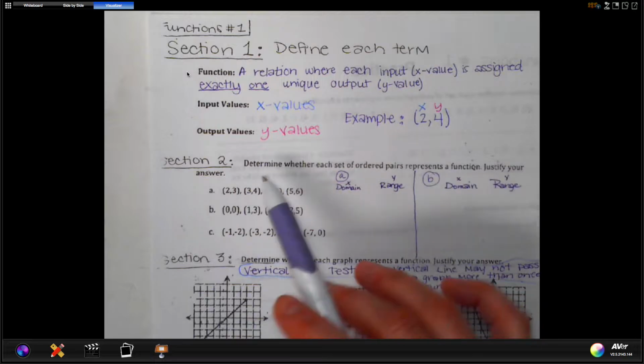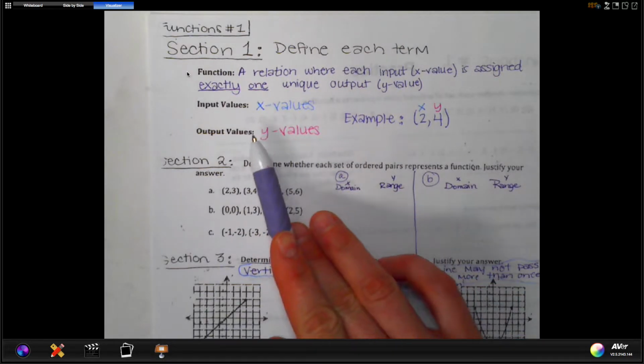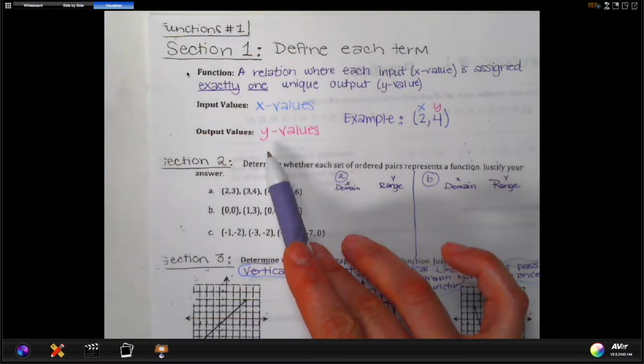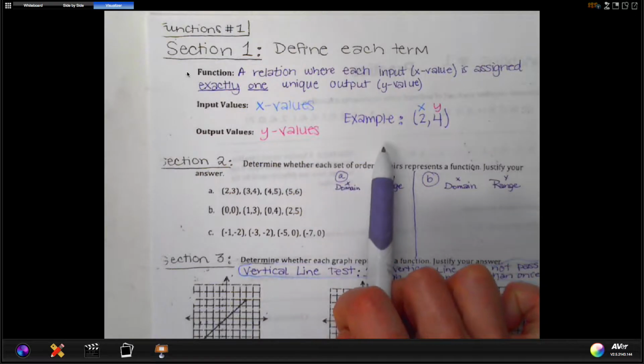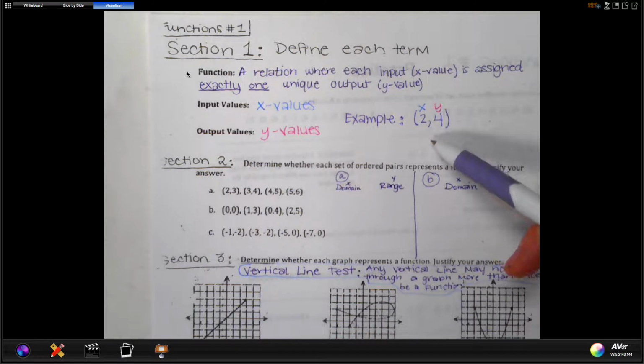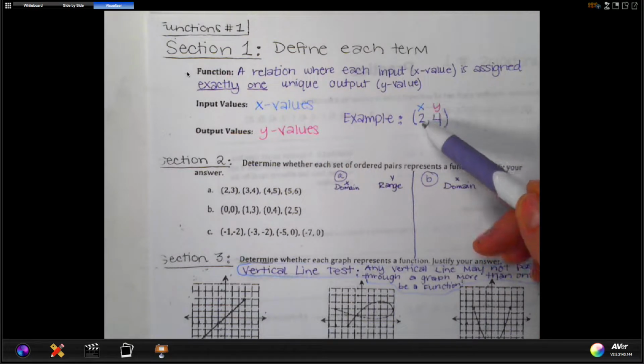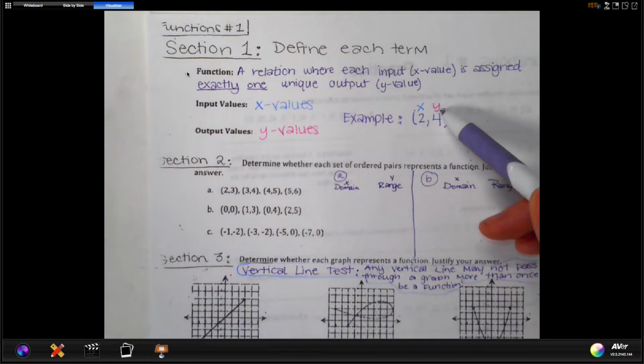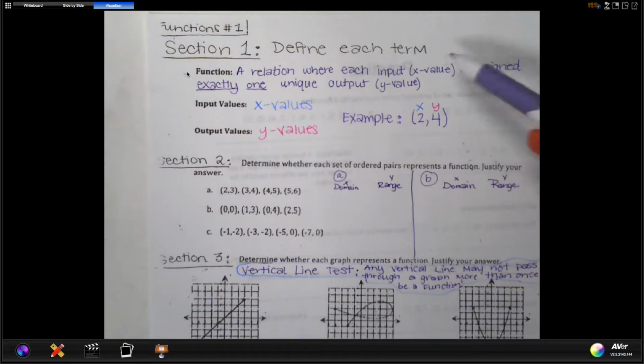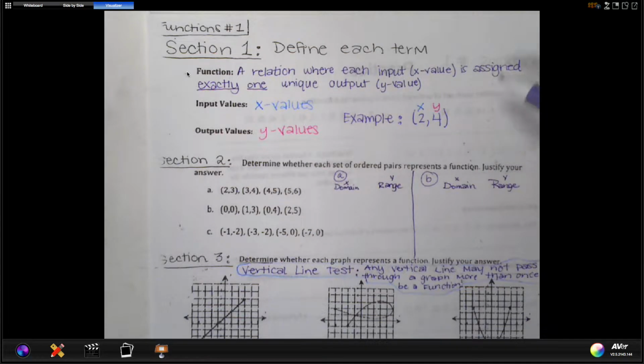Input values are x values and output values are y values. For example, if you have the ordered pair (2, 4), your input value is your x value of 2 and your output value is 4. That's your y value. Again, pause the video if you need to write down the definitions.